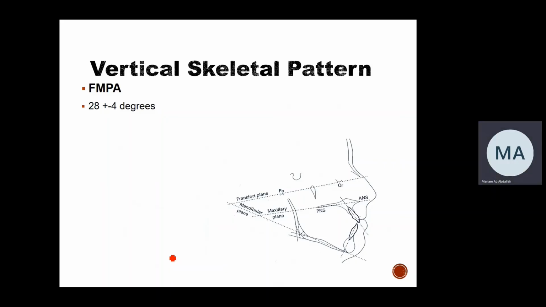But this is not true for the maxillomandibular plane angle, because the maxillary plane we cannot determine extraorally. So the Frankfurt mandibular plane angle could be measured or assessed extraorally, and it could be measured intraorally. So this is the Frankfurt plane, and this is the mandibular plane, and this angle here represents the Frankfurt mandibular plane angle. It should be 28 on average, plus minus 4.